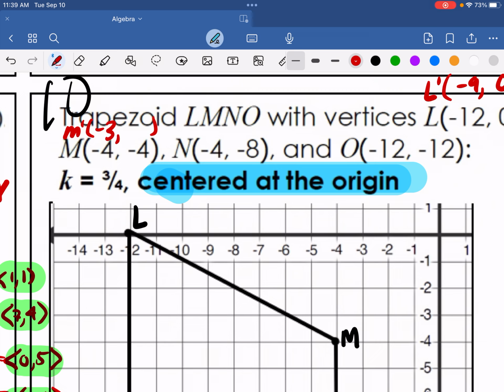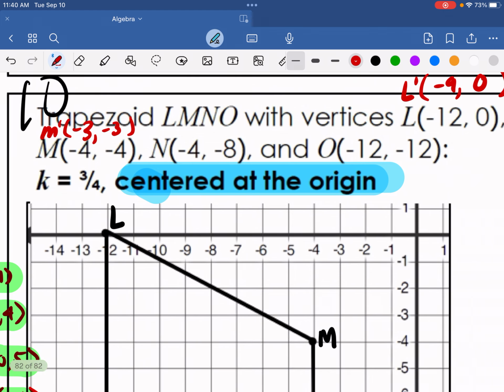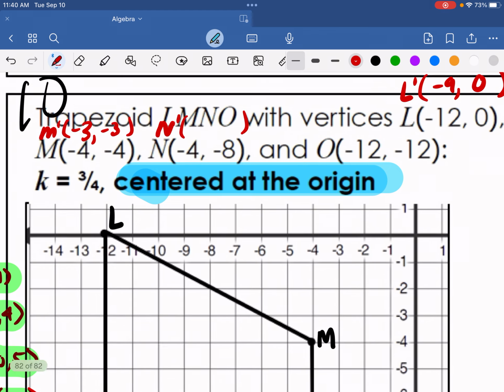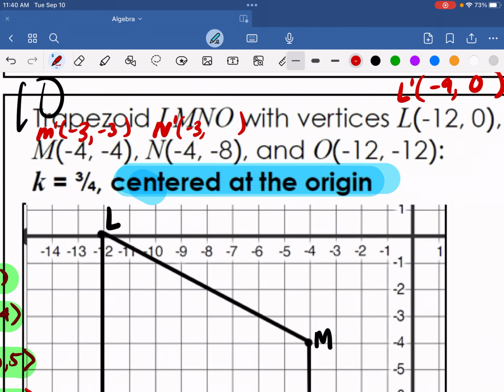For N, negative 4 times 3 is negative 12, divided by 4 is negative 3. Negative 8 times 3 is negative 24, divided by 4 is negative 6.